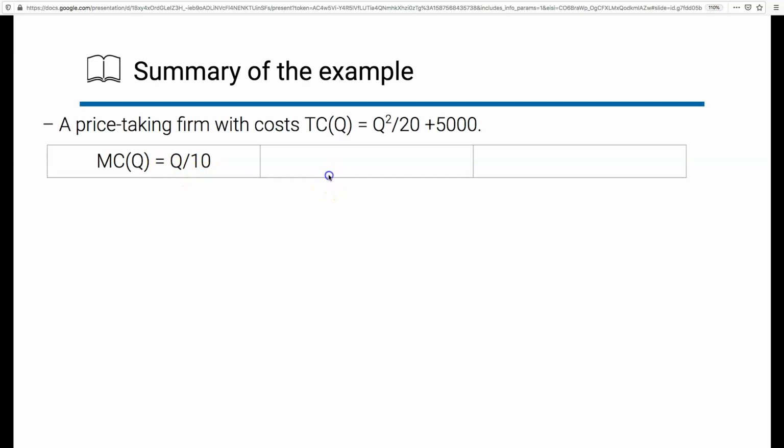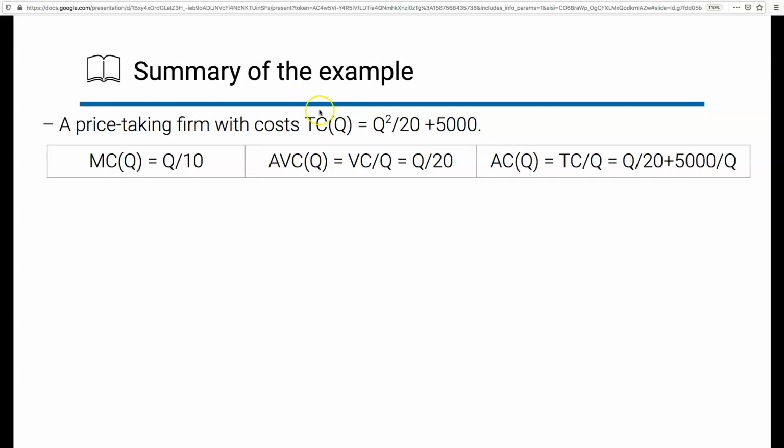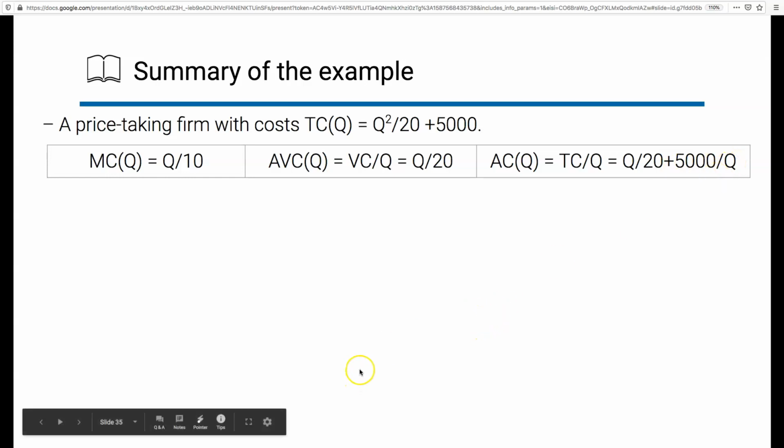For average variable cost, you need to take the variable cost component q squared over 20 and divide it by the output level to get q over 20. And for average cost, you need to take the total cost and divide it by output. So q squared over 20 divided by q plus 5,000 divided by q to get q over 20 plus 5,000 over q.